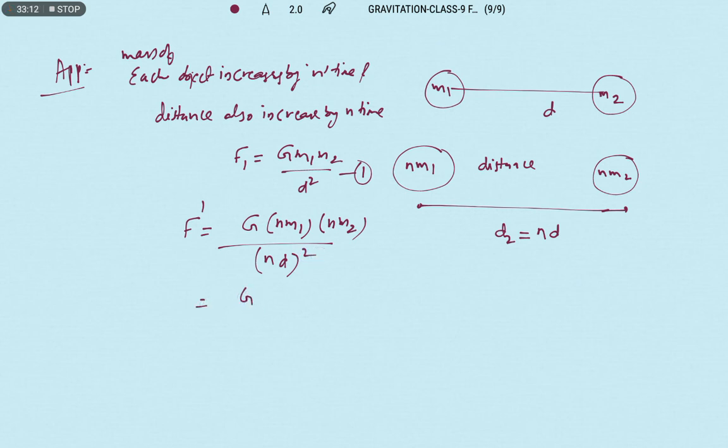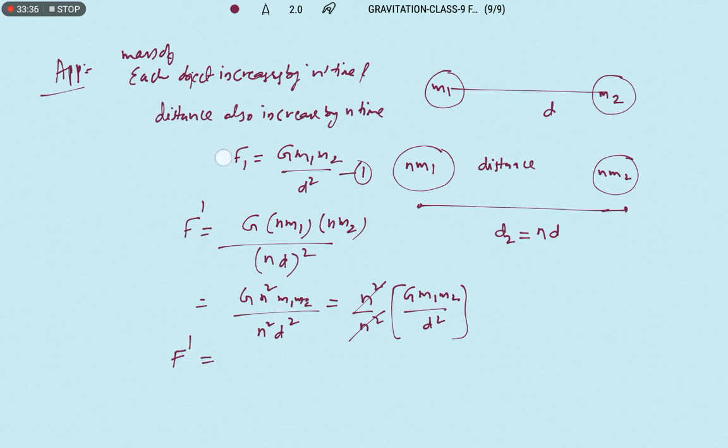So G into n square m1 m2 by n square d square. So we can write this expression as n square times of G m1 m2 by d square by n square. So n square gets cancelled. Therefore F dash is equal to what? So F dash we are going to get as the initial magnitude of the force.